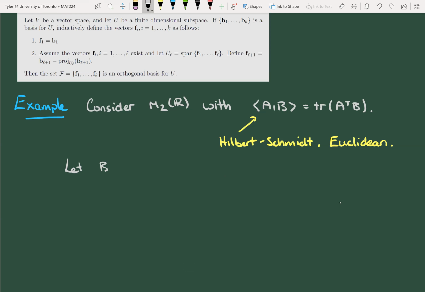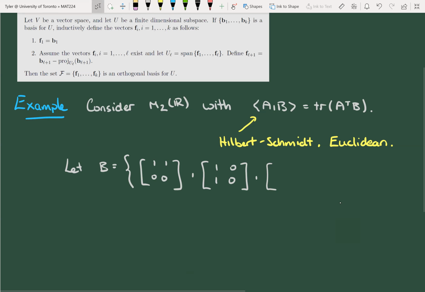Now, you don't technically have to start with a basis, but I am going to start with one, so we have easy reference to what vectors we're going to plug in. One, zero, zero, one, just the identity matrix, and the off diagonal like this. So this is our basis.